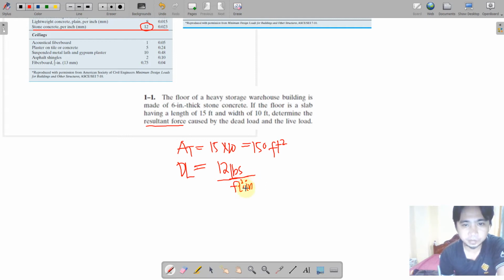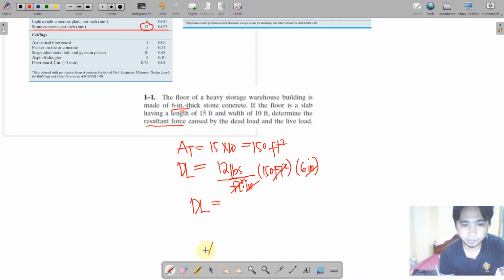Of course, inches here refers to the thickness, which is already specified in the problem as 6 inches thick. So this will be multiplied by 150 square feet, and the 6 inches thickness, which will eventually be cancelled.